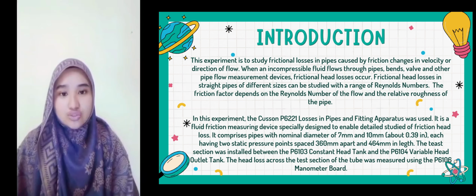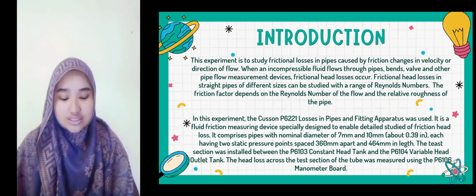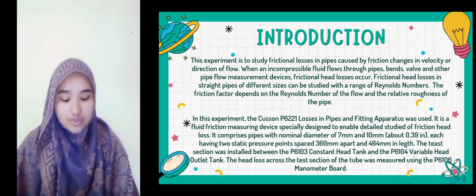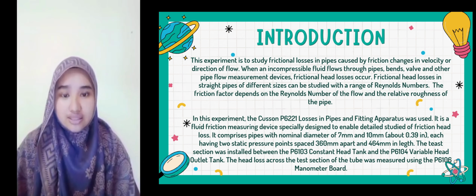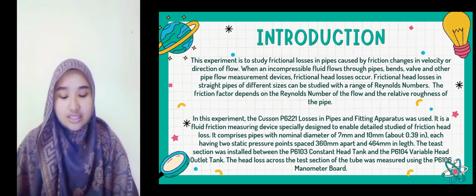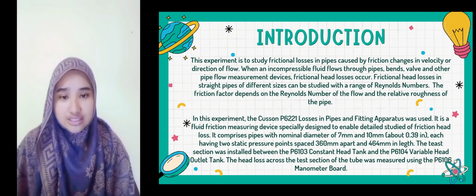The T-section was installed between the P6103 constant head tank and the P6104 variable head outlet tank. The head loss across the section of the tube was measured using the P6106 manometer port.